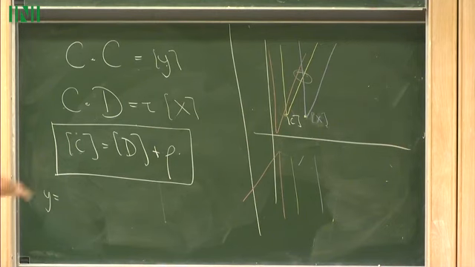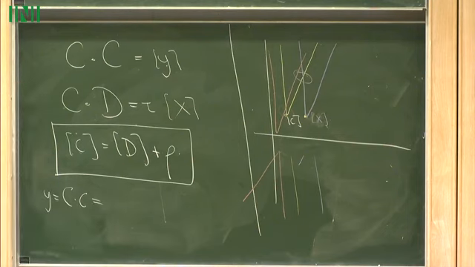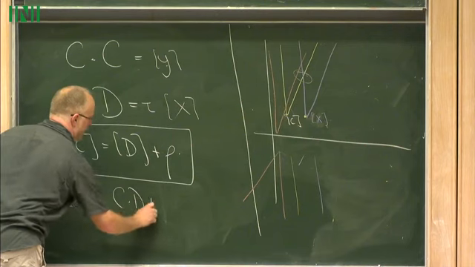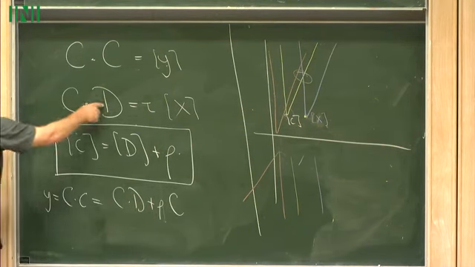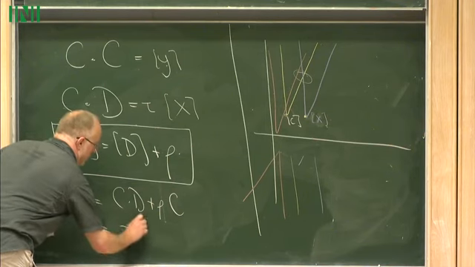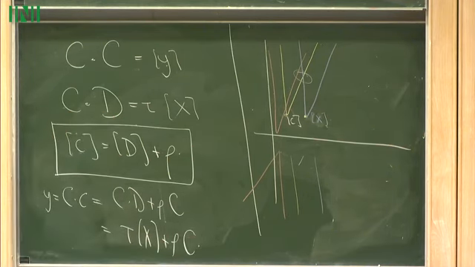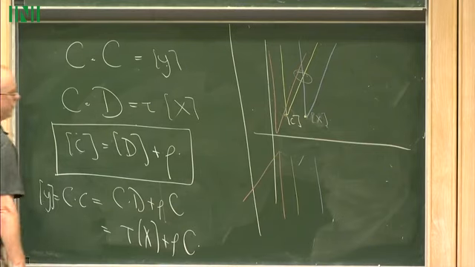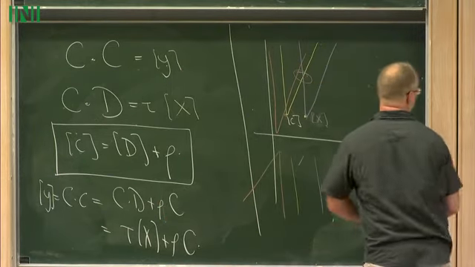And you can figure out what it is because it's C dot C from there. And if I dot C on both sides, that's C dot D plus rho C. And we've already said that C dot D is tau x. Okay. So the fundamental class of y is what? I guess it's the purple class plus the yellow class in this picture.